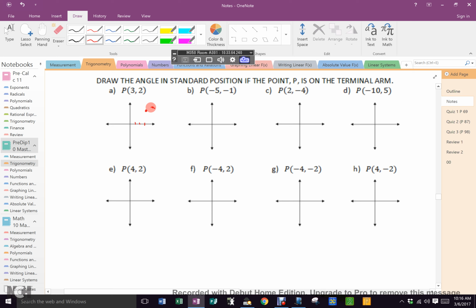There is 3, 2. Agreed? Now, have I done my grade 10 work yet? No, that's grade 9 work. In grade 10, I want you to draw that angle in standard position, yes? So what would it look like? First part of the angle is on the x-axis. The other part of the angle goes to there, yes? Is everybody cool with that? Great, draw 7 more. Go.